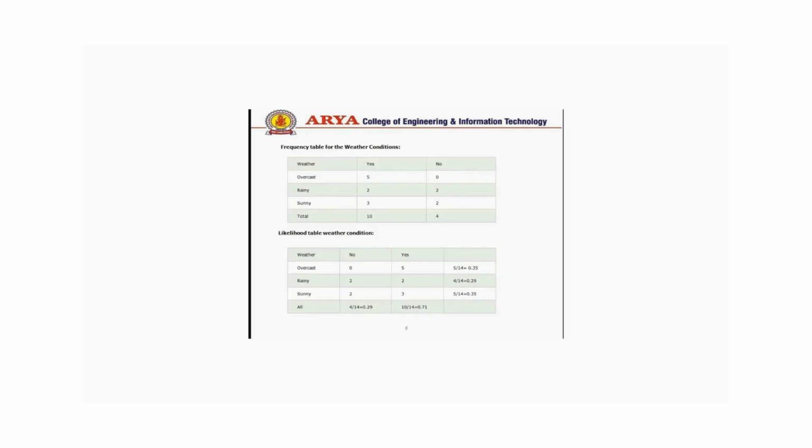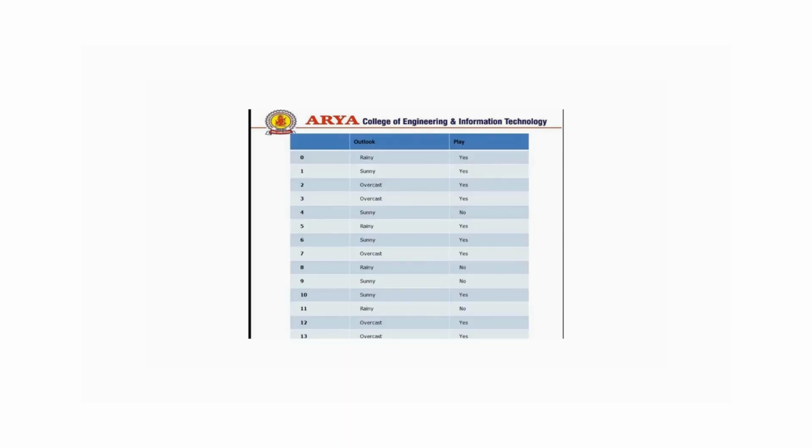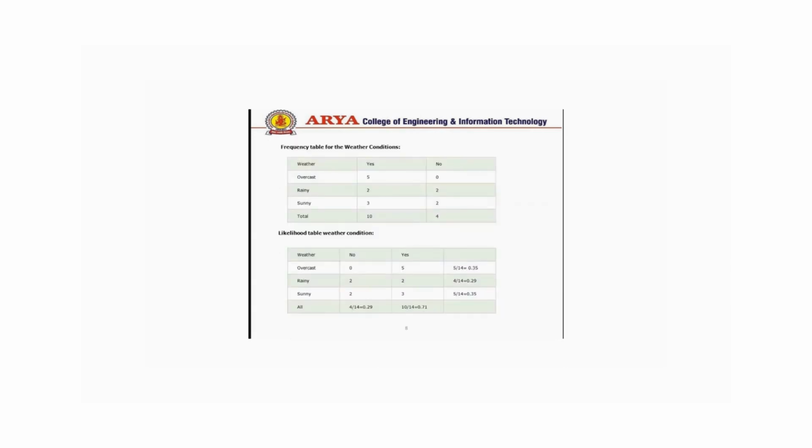Here we are creating a frequency table for weather conditions: overcast, rainy, sunny, and we find the counts of yes and no. We calculate all the overcast for yes or no, in the same manner all the yes and no for rainy, and all the yes and no for sunny. The total is 10 for yes and 4 for no.